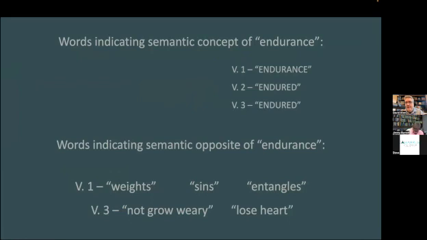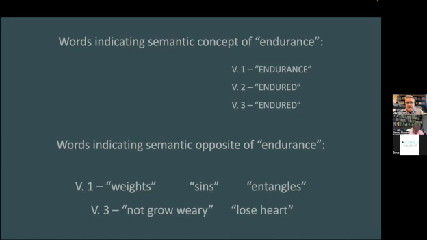In order to succeed in running the race, you have to endure. You can't win the race if you don't endure. You can't run the race if you don't endure. And so obviously the author is saying endurance is a crucial part of this text.